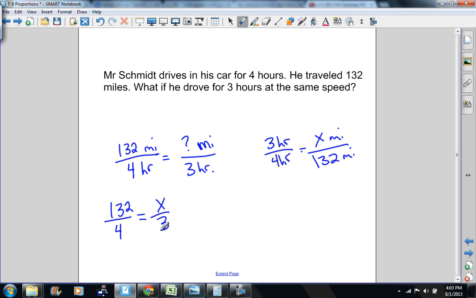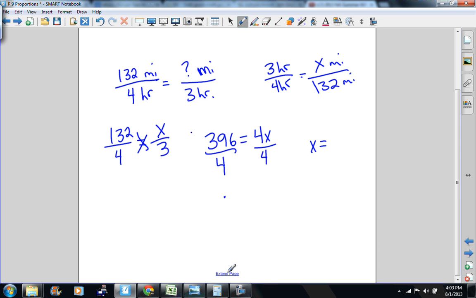And now we're going to solve this problem just like any other. So 132 times 3, that's equal to 396, is equal to 4x. Well, here I divide by 4. And so x equals, now I got to do a little bit of long division. So I'm going to extend the page down.